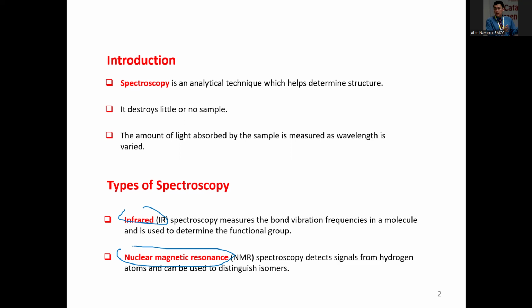Well, the molar mass of a particular species. And of course, that one can be widely used not only in organic chemistry, but also in inorganic. But we will go over that during a lab. So we will not have a particular chapter in the lecture for mass spectrometry and gas chromatography, right?